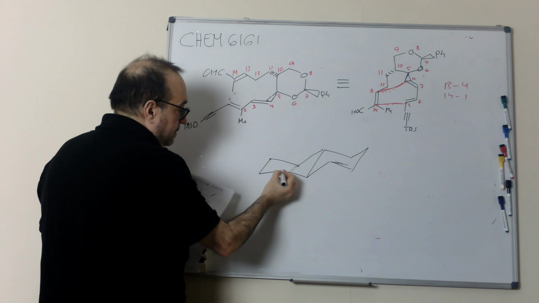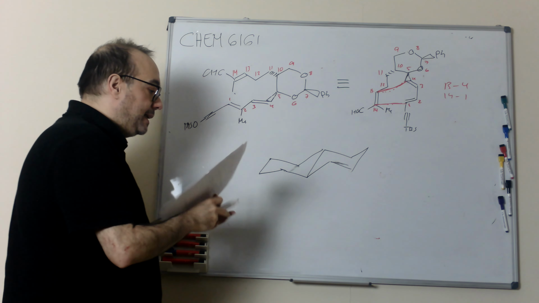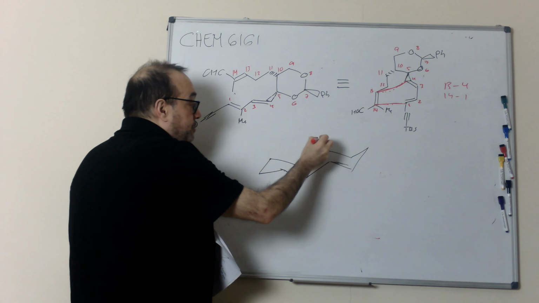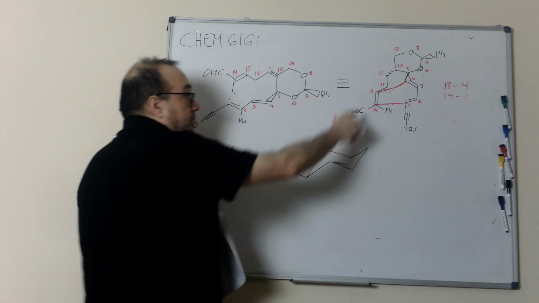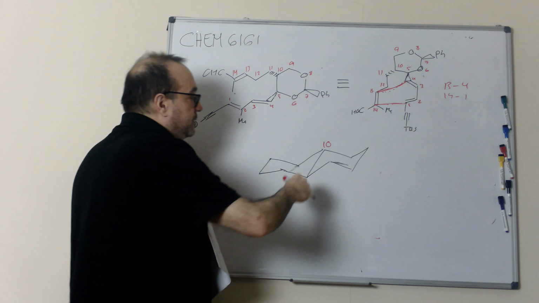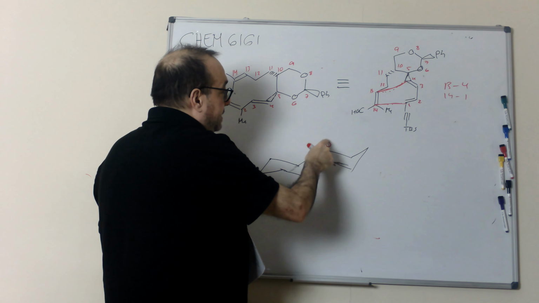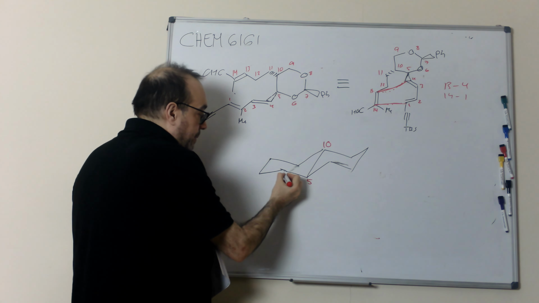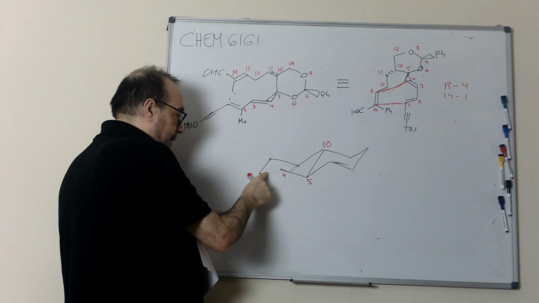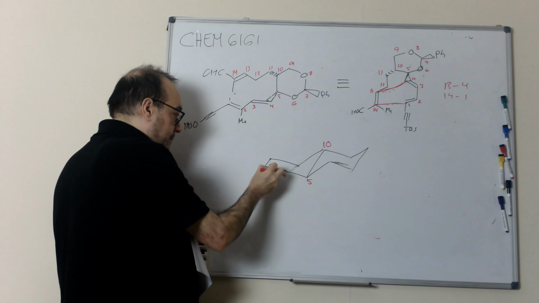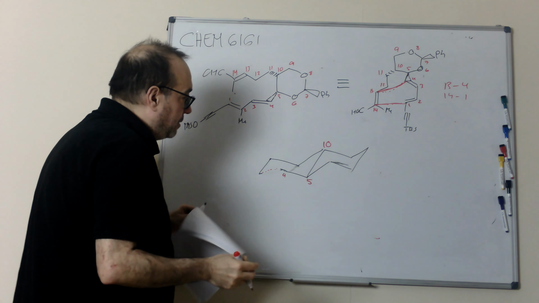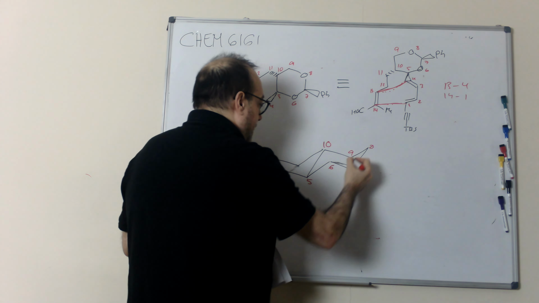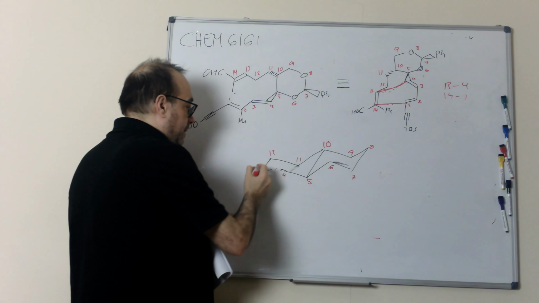This is a decalin, and I will numerate. We know that this carbon has to be carbon number 10, because it's this one where we join that one. Then, if this is 10, this has to be number 5. This has to be number 4, and this is the bond that we are forming. Next one, this is number 6, 7, 8, 9, 11, 12, and this is 13.